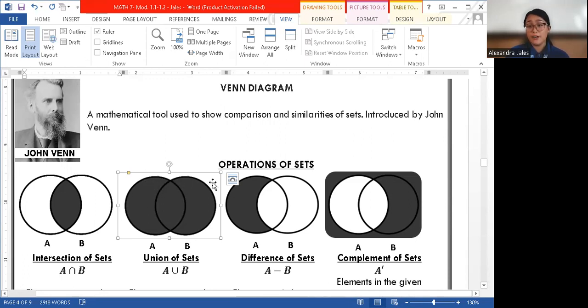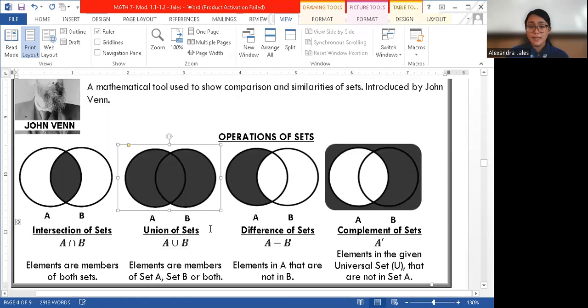So take note of this diagram. That means it is the union of sets. Take note of the definition of union of sets. Elements are members of set A or set B. And for intersection of sets, elements are members of both sets.